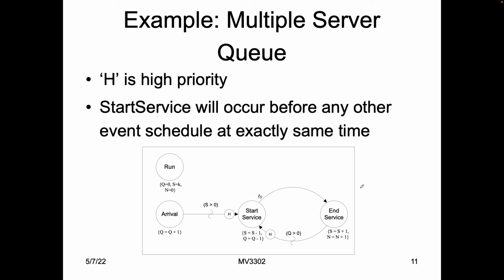So if by chance either one of these events, arrival or end service, happen to be scheduled at exactly the same time, the start service will happen first. And in the handout for the next computer assignment, I show you how to do that in SimKit.